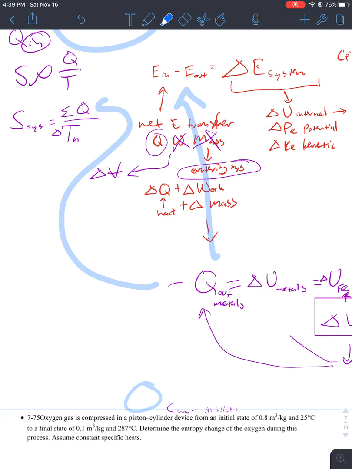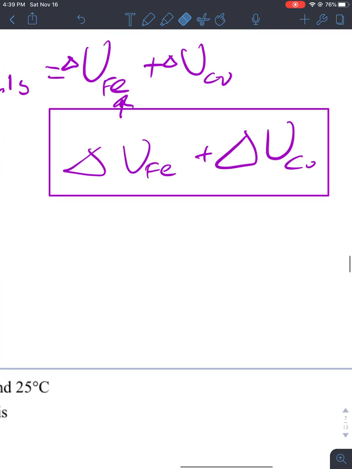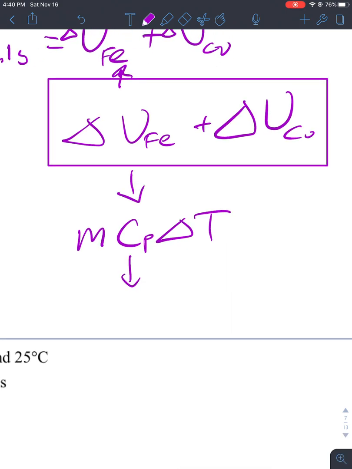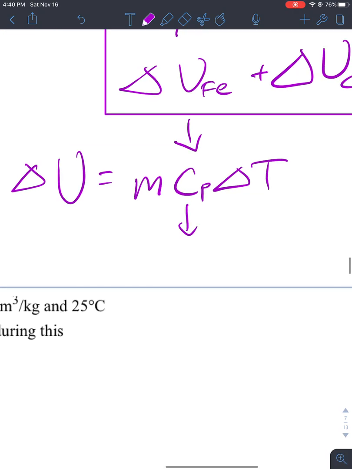This, we're ultimately looking for this. So the equation for internal energy is m Cp delta T. Cp of iron. Let's redo this. Okay, so this thing, internal energy delta U equals that.